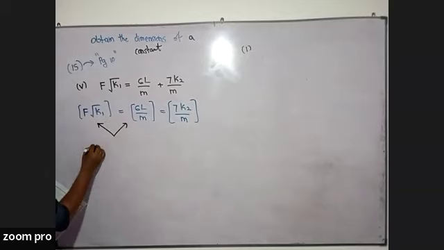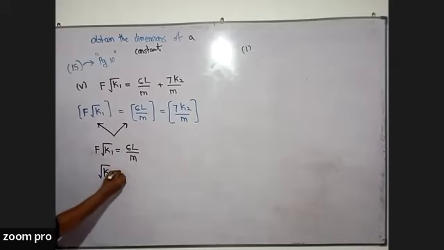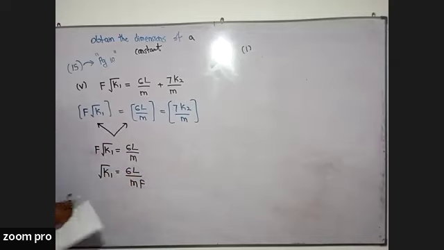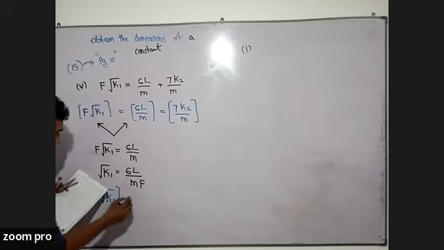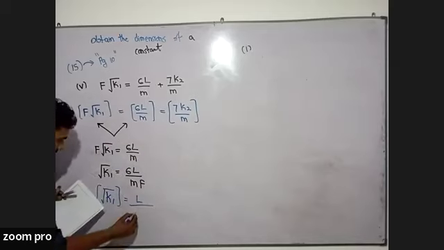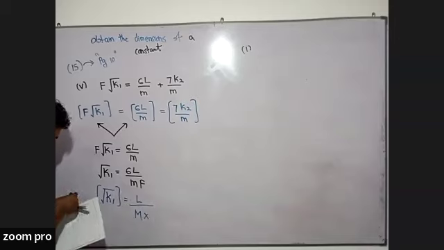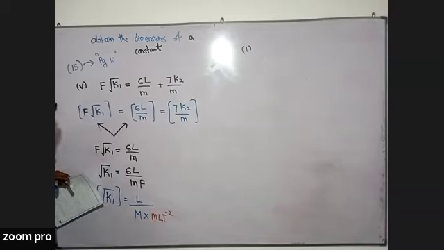Then root K1 equals 6L over M, right? So let's substitute the relevant dimensions for each symbol. Then the dimensions of root K1 equal, just neglect the 6. Here L means length, that should be L. M means mass, that is obviously capital M. Force means MLT minus 1.